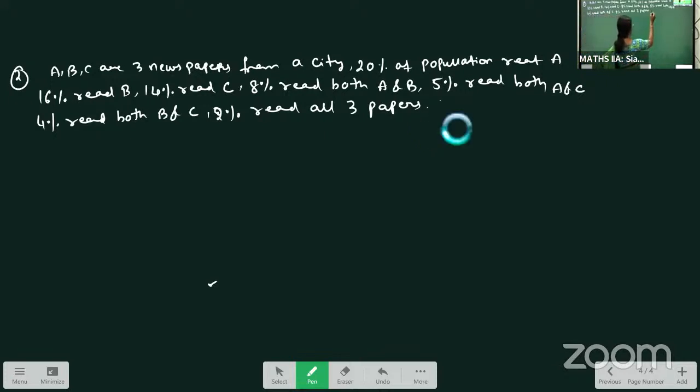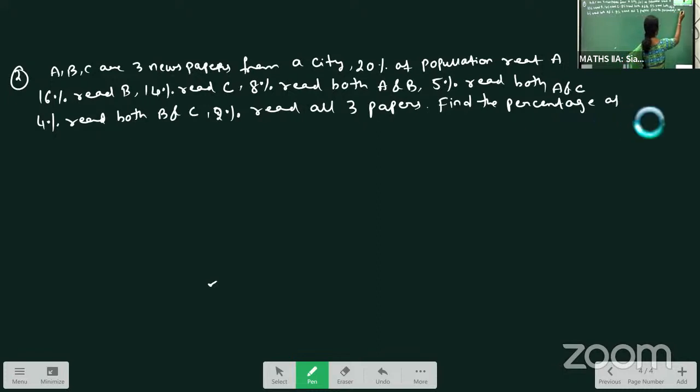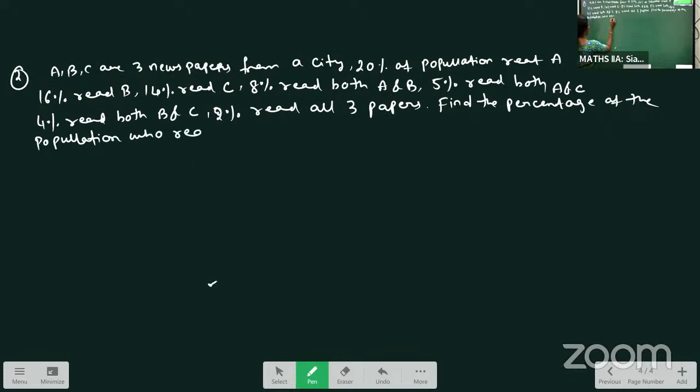Find the percentage of the population who read at least one newspaper. Who read at least one newspaper. This we have to find.